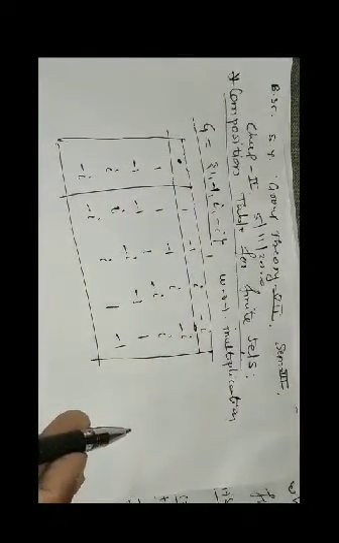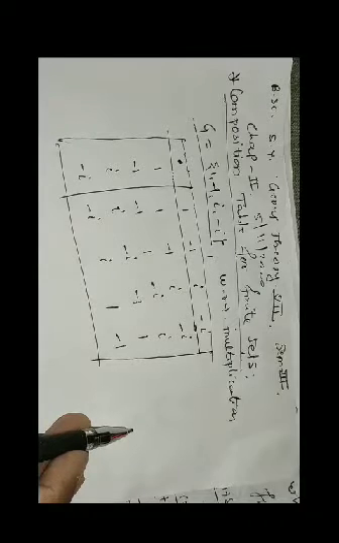Then minus i into 1 is minus i, minus i into minus 1 is i, minus i into i is 1, and minus i into minus i is minus 1. So students, this table is called the composition table, and from this table we can identify whether the given set is a group or not.